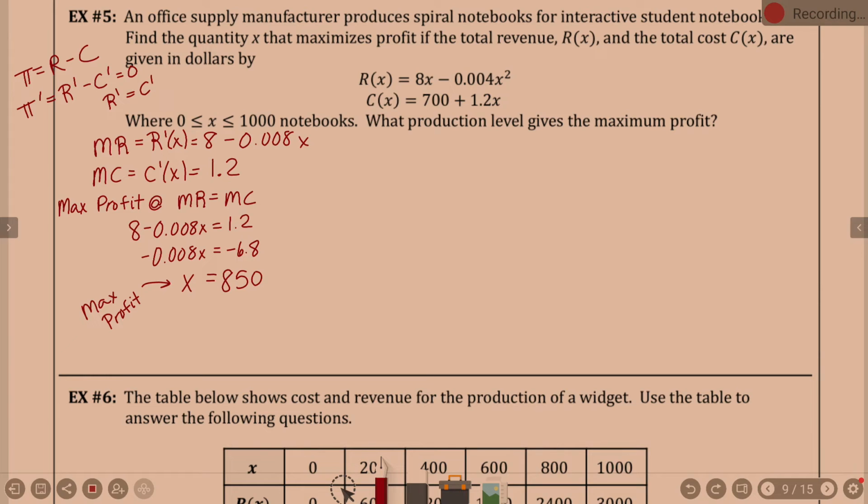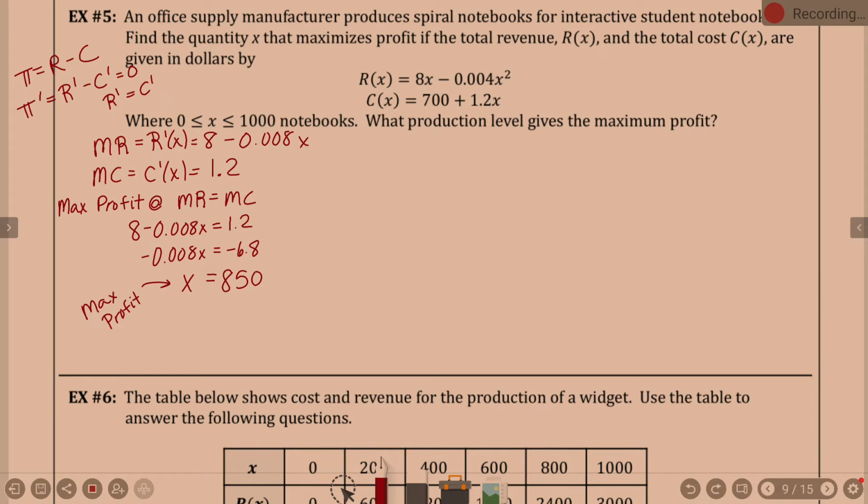How can we find the max profit? Okay, so take 850 and plug it into R minus C to get your profit, right? Or in other words, plug it into revenue, plug it into the cost, and subtract them.